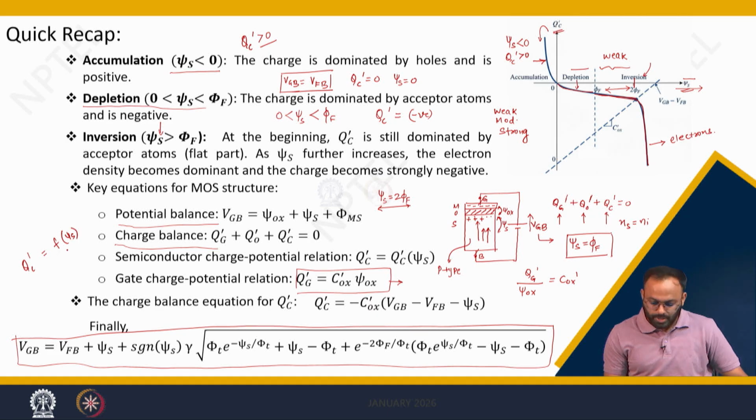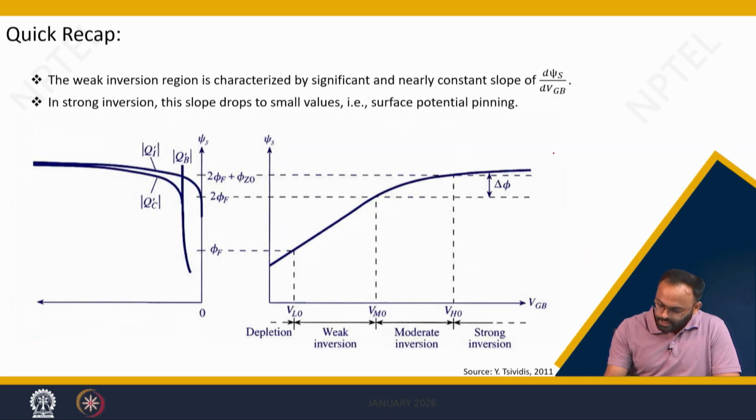By solving this equation, we plotted this graph and related it with the graph plotted between the overall charge in the system with respect to psi s. We said that if you increase VGB, you are actually increasing the surface potential. At point phi f, there is a depletion. Corresponding to that value, we termed it as VLO.